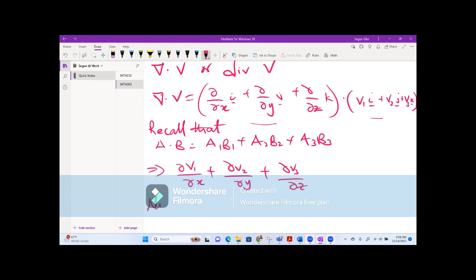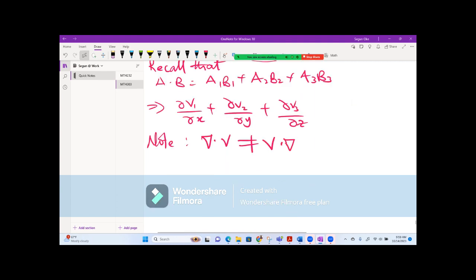Note that del dot V is not the same thing as V dot del. So you have to be careful when you are working on this.